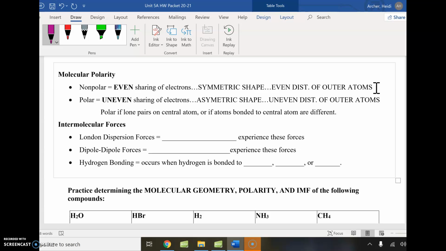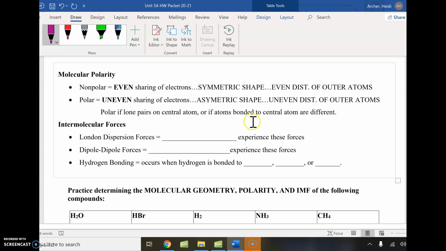So all of those are spaced out evenly around the outer atom. So all of those shapes would indicate a nonpolar molecule. So then our polar molecules really are our unevenly shared electrons and creating an asymmetric shape. So there's some kind of uneven distribution of the outer atoms that is caused by those lone pairs.